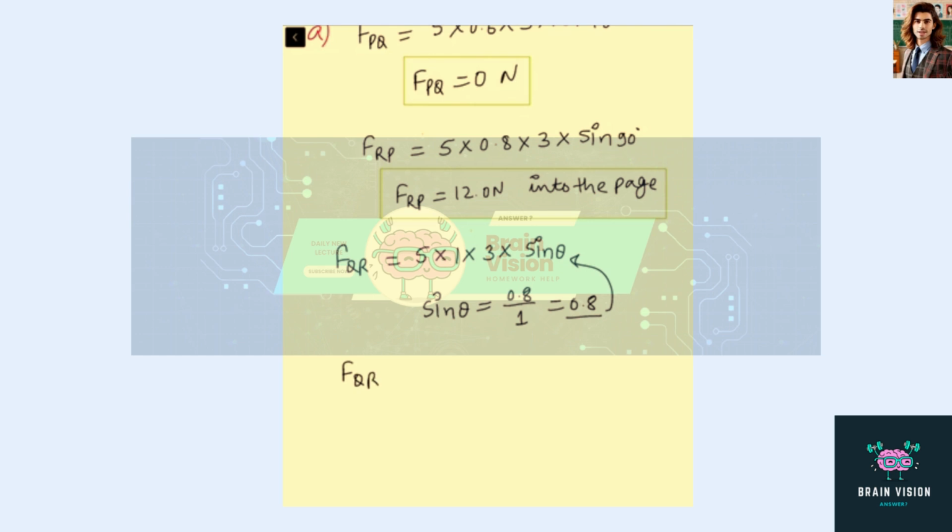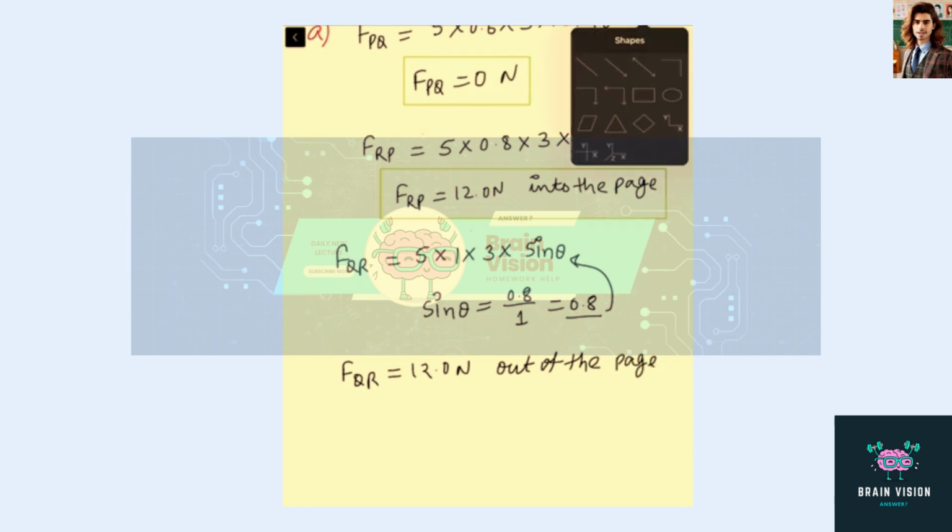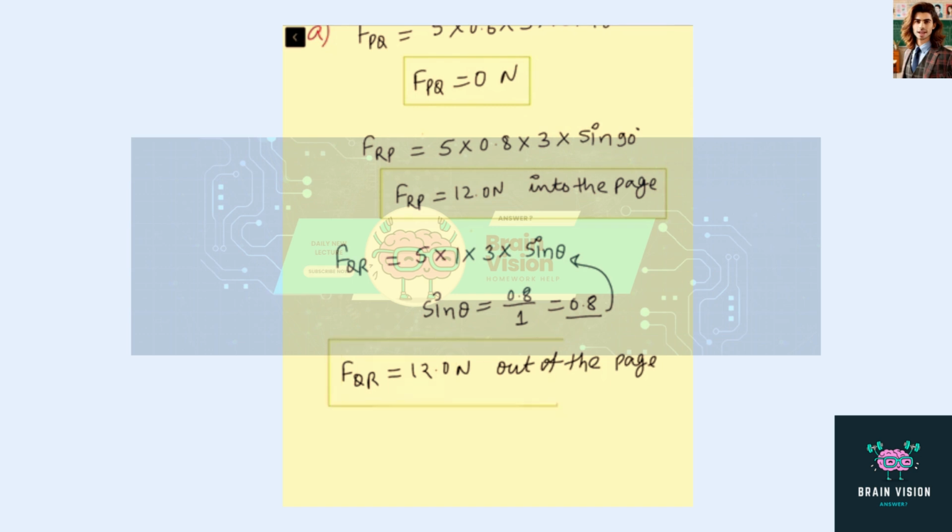So after putting this value in this equation, we get F_QR equals 12.0 Newton, and this force will be out of the page. Okay, so this is the answer for the force on wire QR.